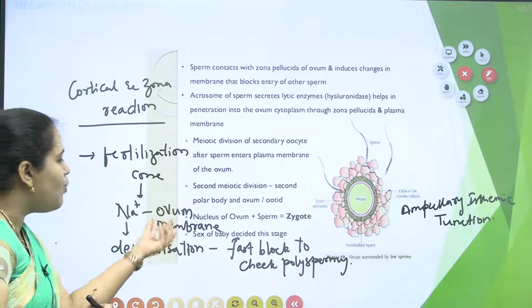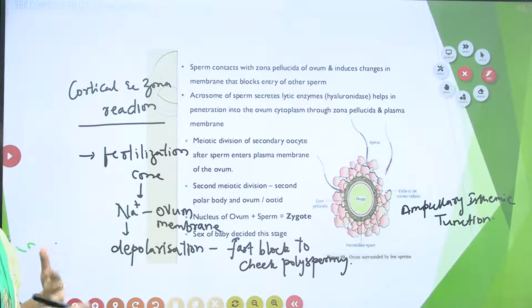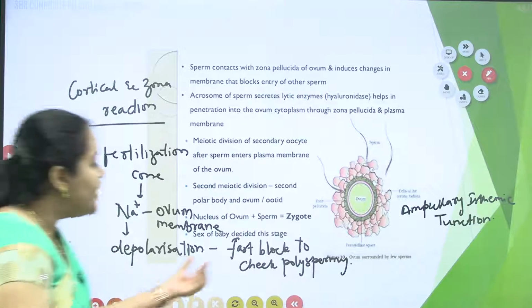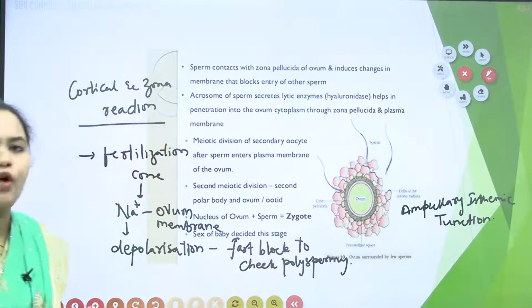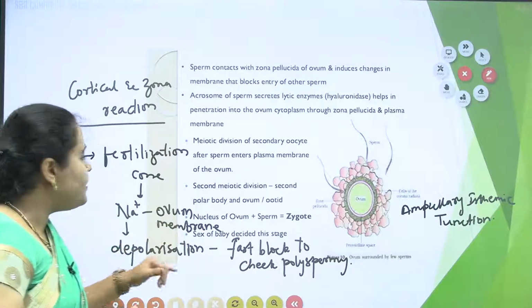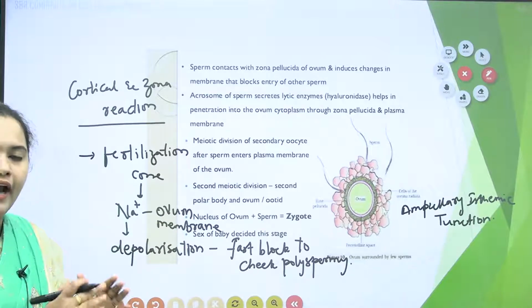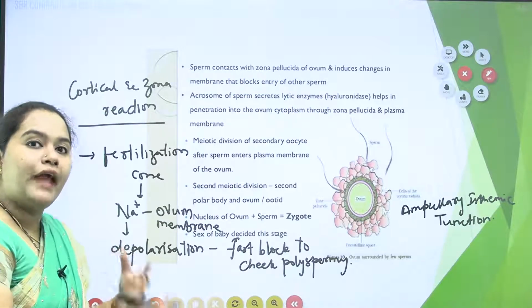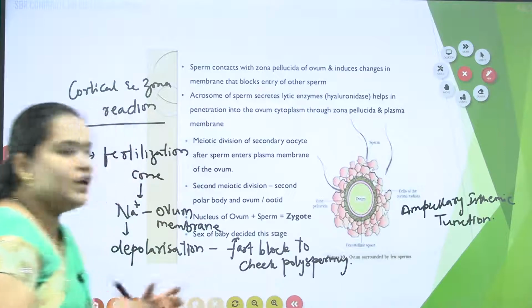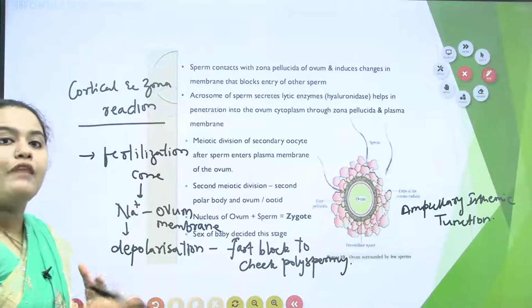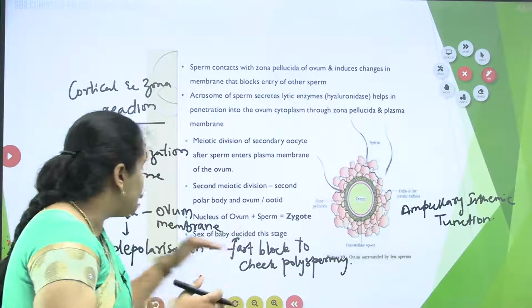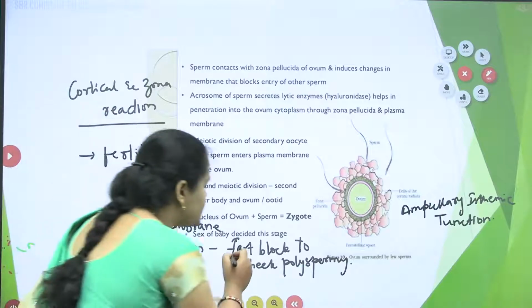In the sense, the ova membrane gets activated, and as soon as it gets activated, the first block will be there to check polyspermy. The ova membrane will block it so that other sperms will not enter. Now, what is this polyspermy? Entry of more than one sperm will be blocked by this process. So this is the first block.